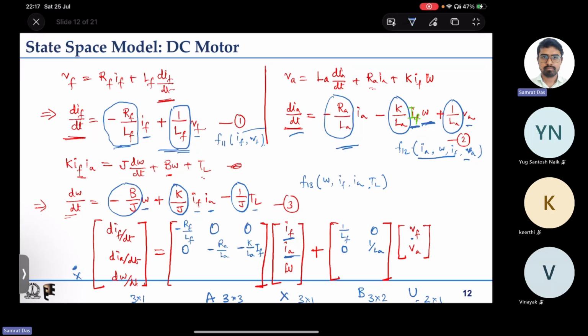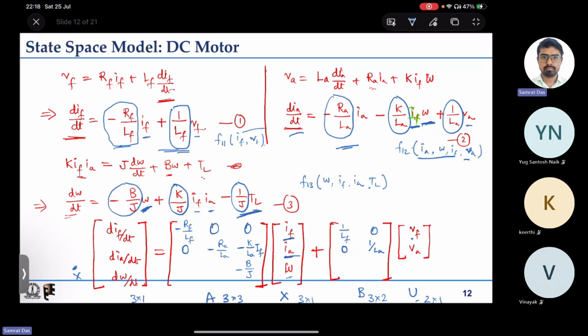Okay, now let us write the third equation. There is dependency on omega, so omega is the third term, so this will come as the third row and third column entry.